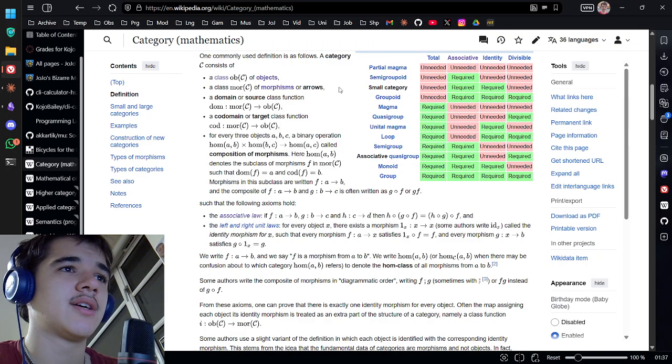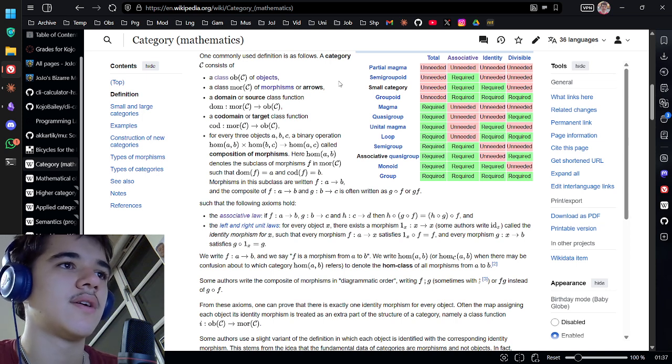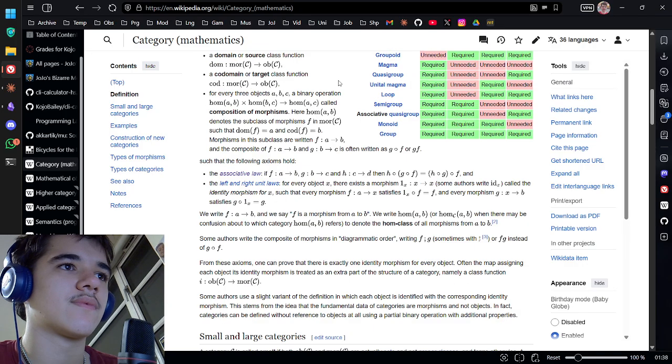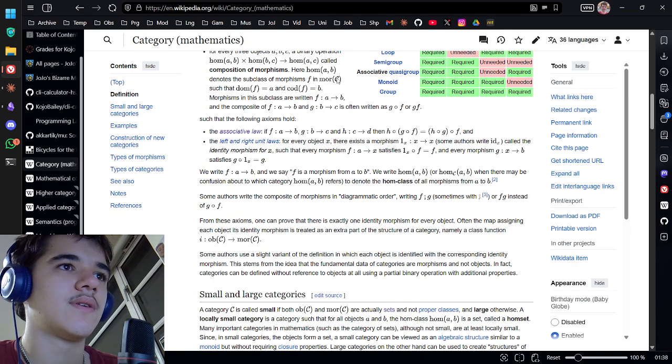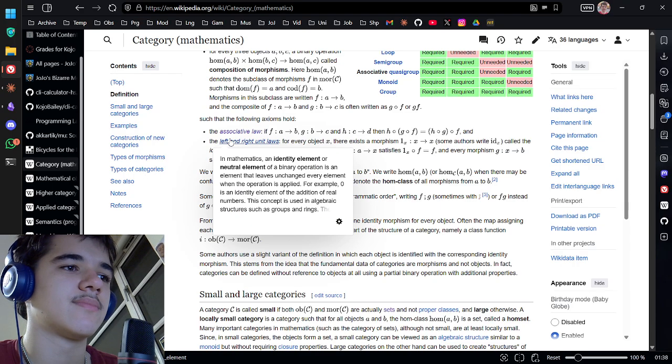Okay, that's new. Codomain, sure. For every three objects, a binary operation called composition. And the associative law and the left and right unit laws, which is the identity morphism.